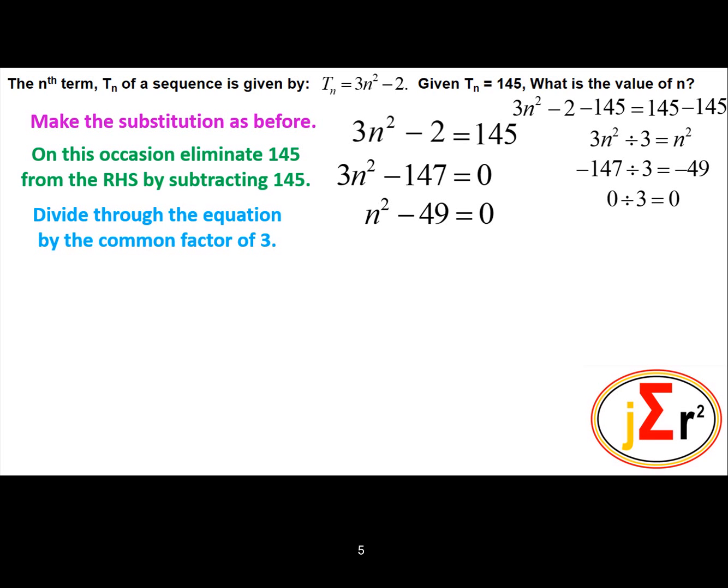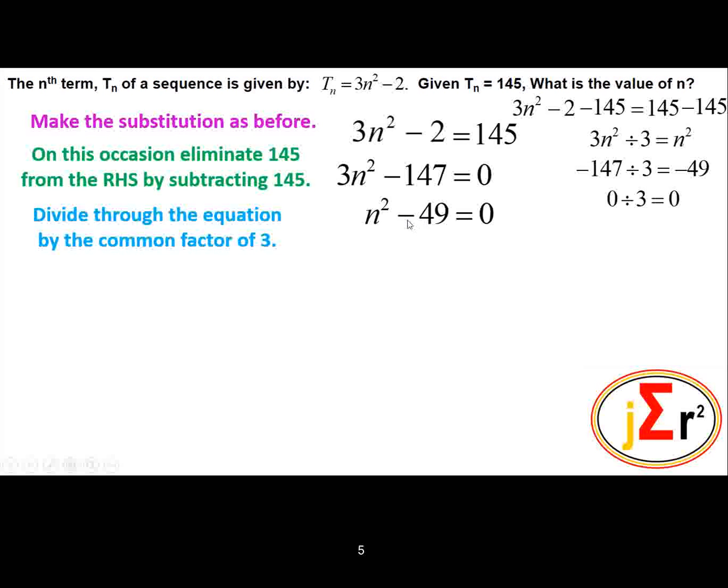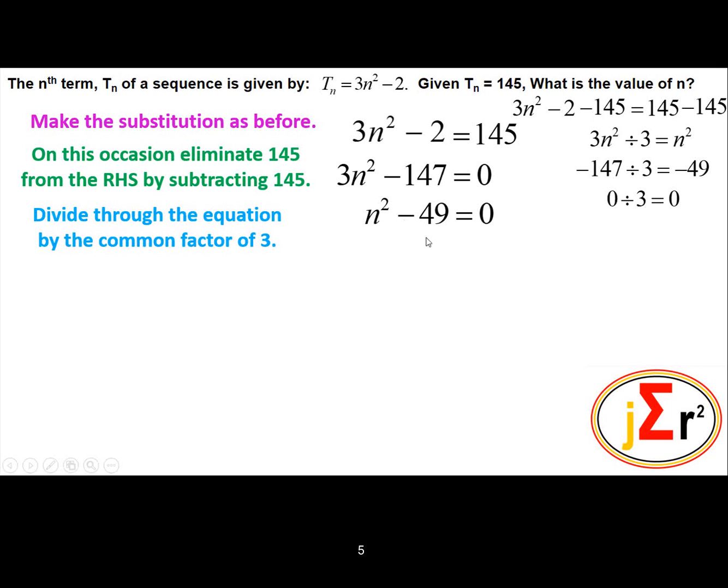Those students who have done their homework will recognize the expression on the left-hand side as a difference of 2 squares. Also, they will recognize that expression as a quadratic expression.